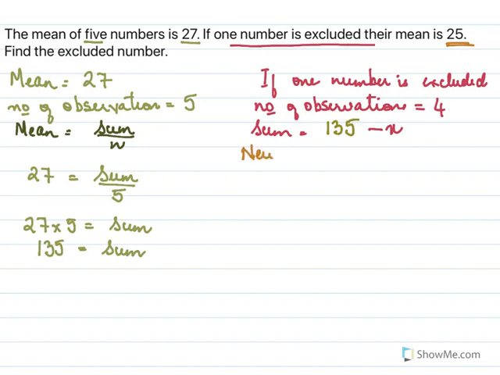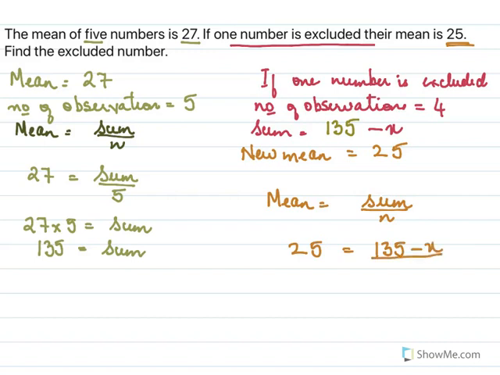So new mean equal to 25. So mean equal to sum over number of observations. Mean is 25, sum 135 minus x over number of observations 4.